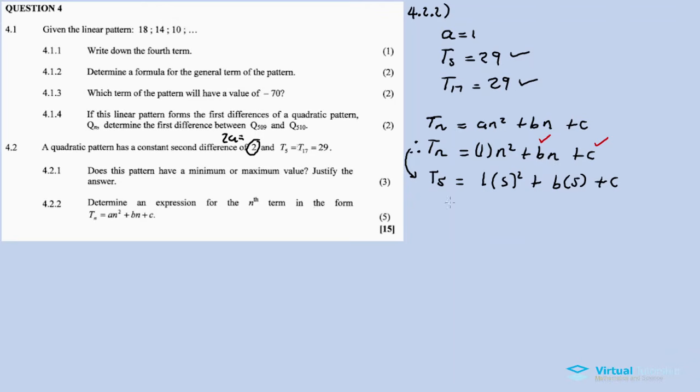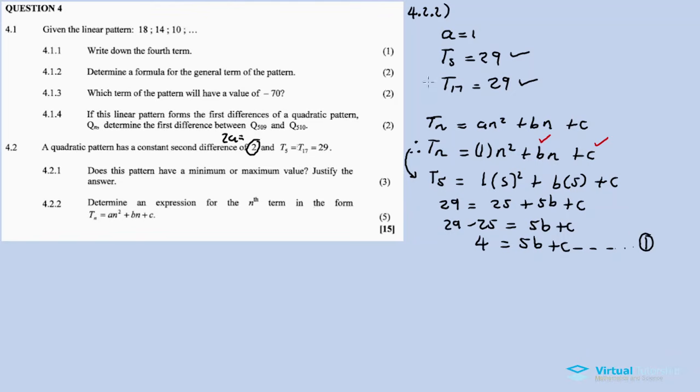We simplify further: t5 is 29, equal to 1 times 5 squared, which is 25, plus 5b plus c. Simplifying further, 29 minus 25 is equal to 5b plus c. 29 minus 25 is 4. So 4 equals 5b plus c, which gives us equation number 1.